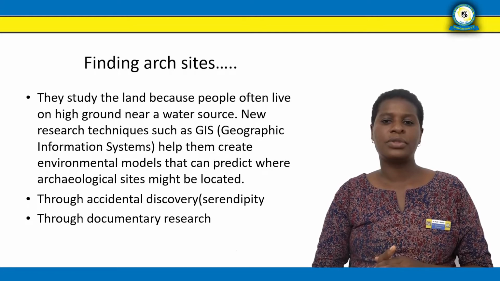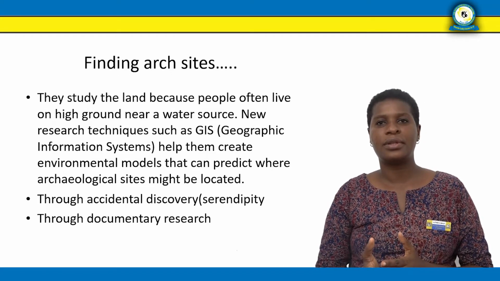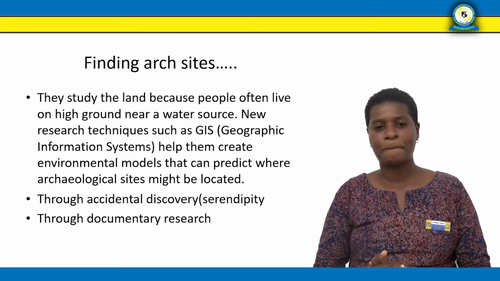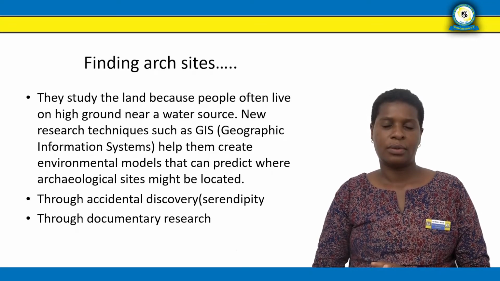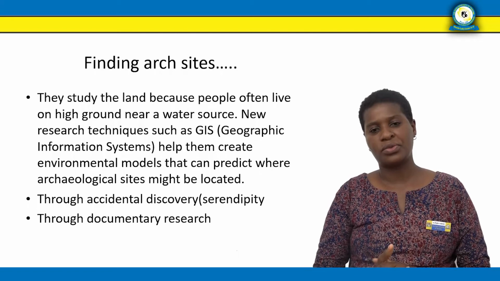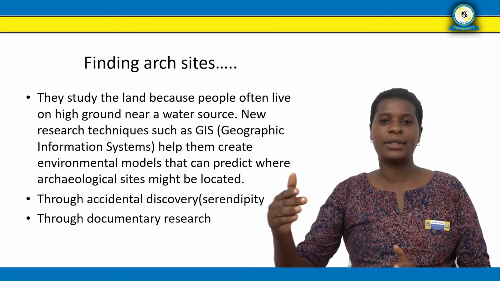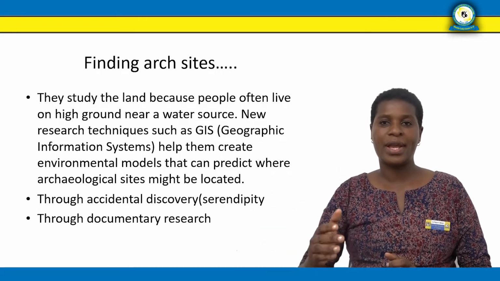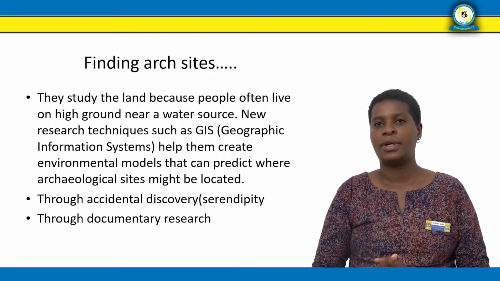Or sometimes you can use the new methods of the geographical information system, which helps to construct environmental models that can tell where the site might be located. I think this is also used these days.